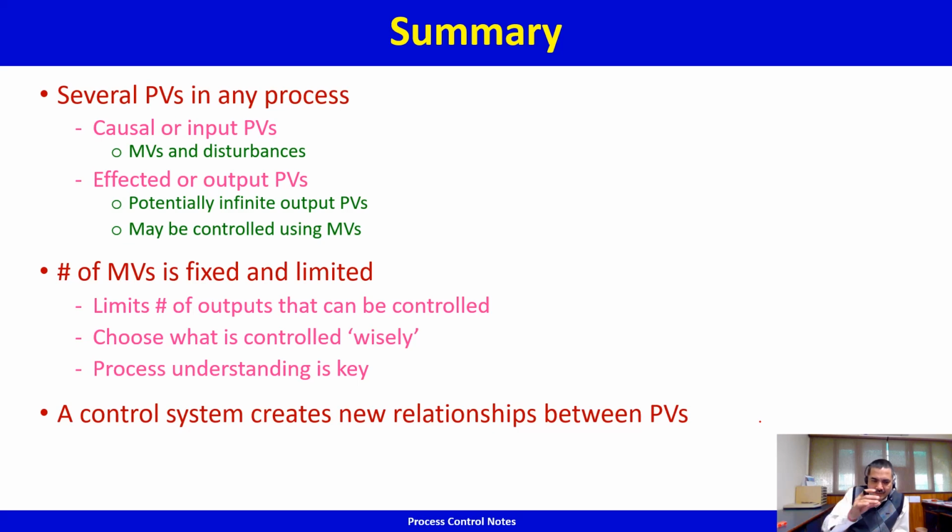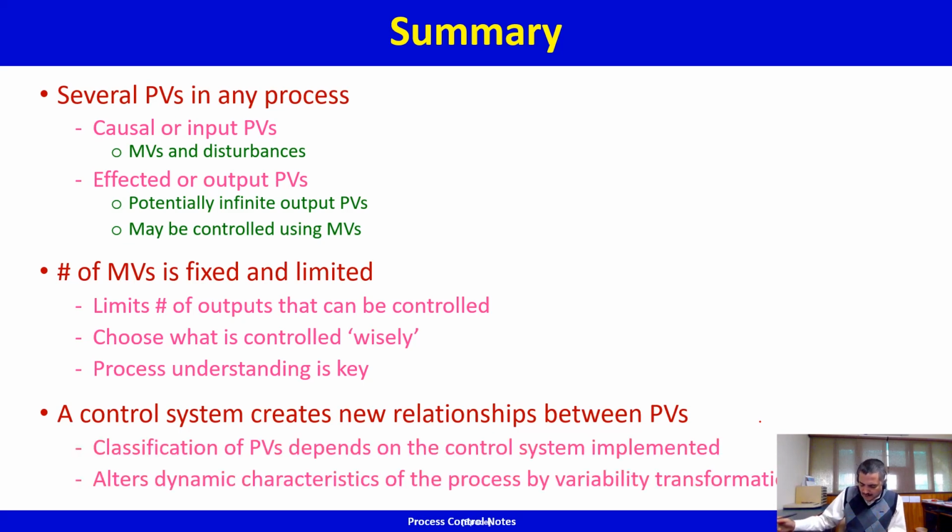If you have a set of input PVs and output PVs with no control, as you keep adding controllers, some of the input PVs become output PVs because they are adjusted by the controller, and your set of process variables keeps on growing. So the classification of the process variables depends on the control system implemented.